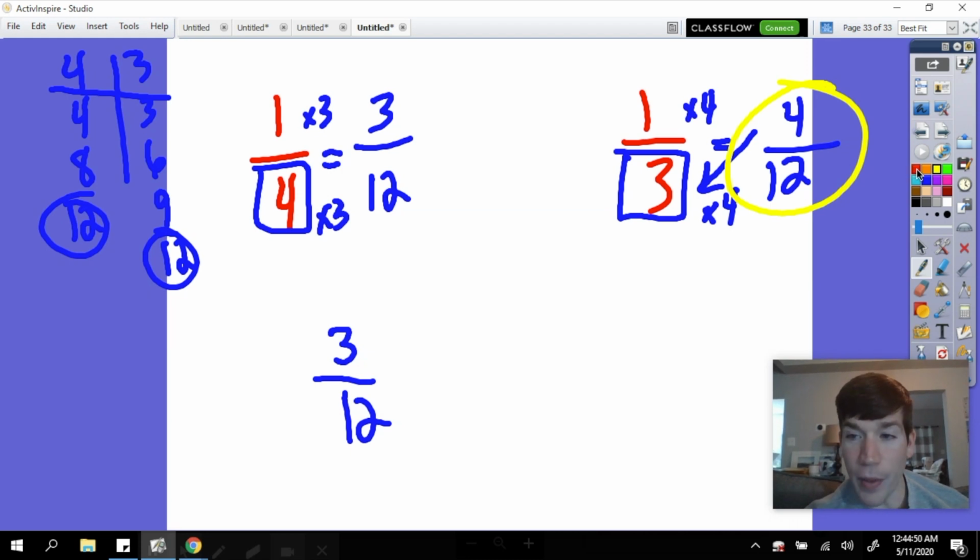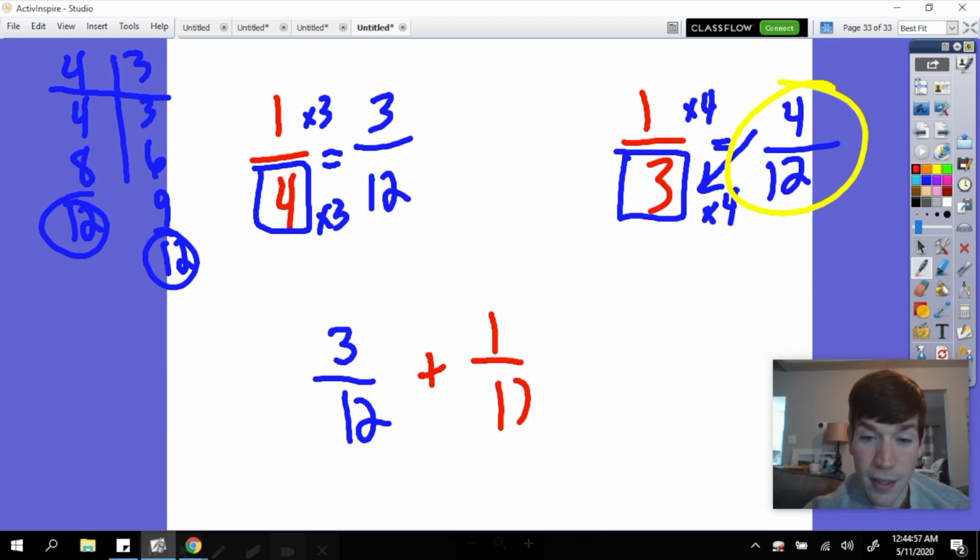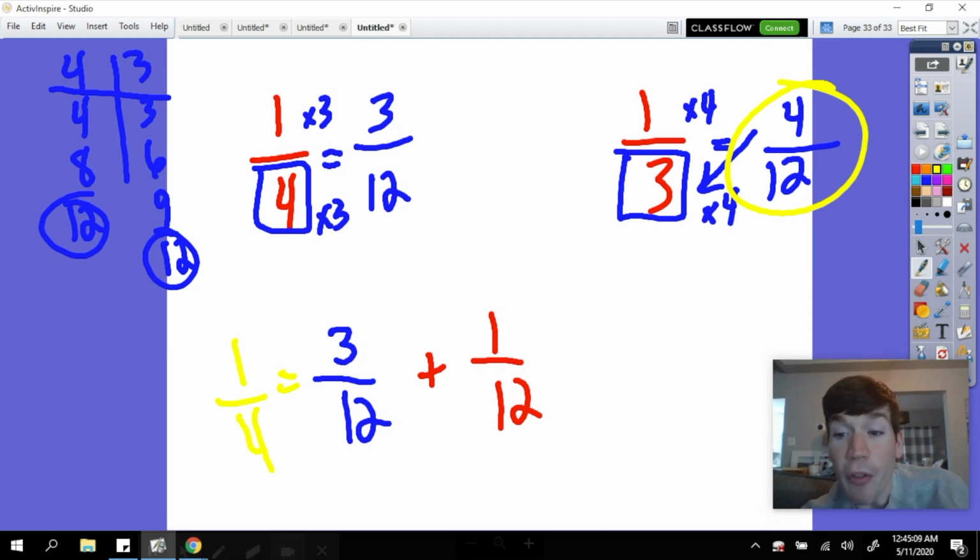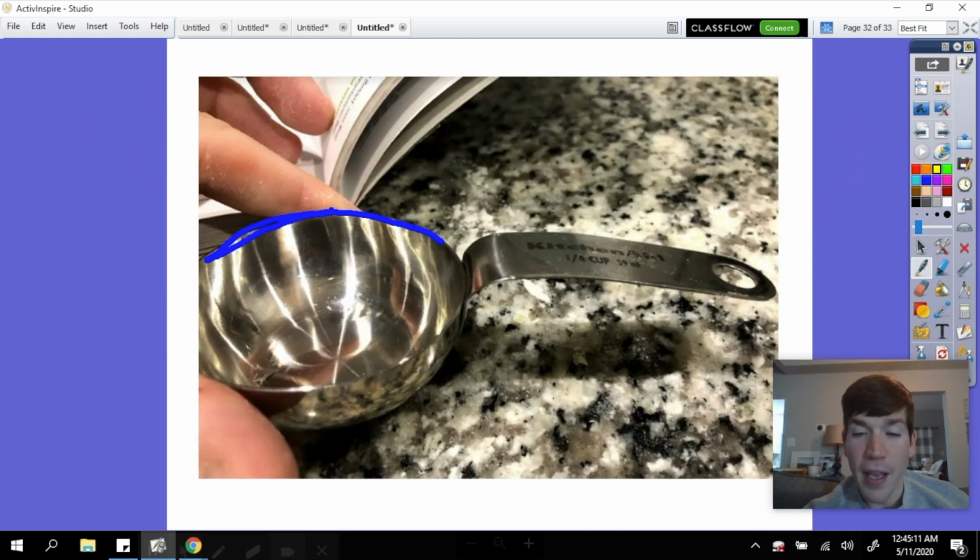So basically what we need is 3/12 plus another 1/12. Another way to say that would be to say that we need 3/12, which is the same as 1/4. So we need 1/4 plus another 1/12. So if I were to fill this completely up, I have 3/12. I need one more 1/12 to get myself to 1/3.